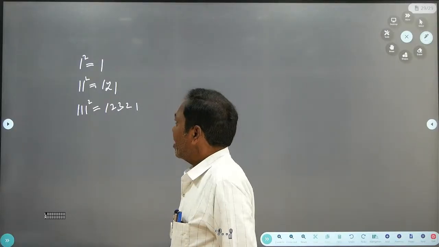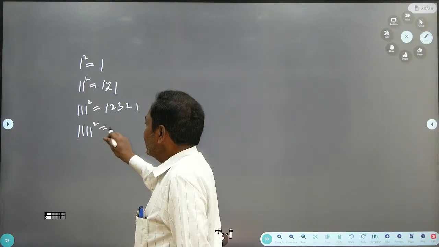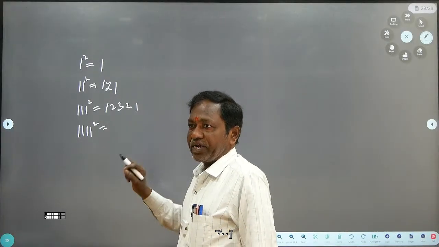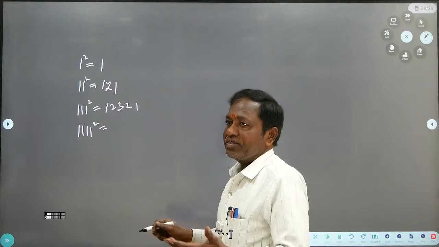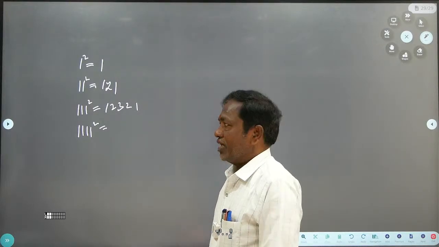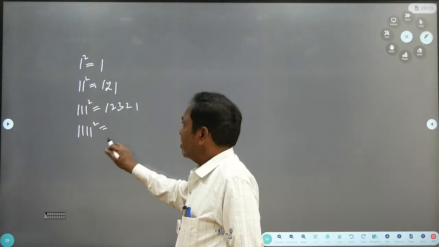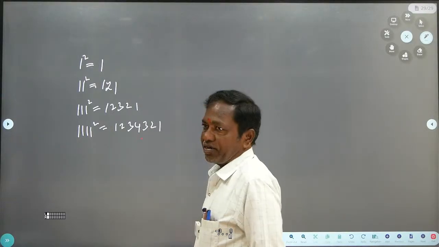What is the understanding here? Reversing the digits, forward order, backward order, like a Vikatakavi. The word Vikatakavi, either you read from the beginning or from the last, remains the same. And now there are 4 ones: 1234321.